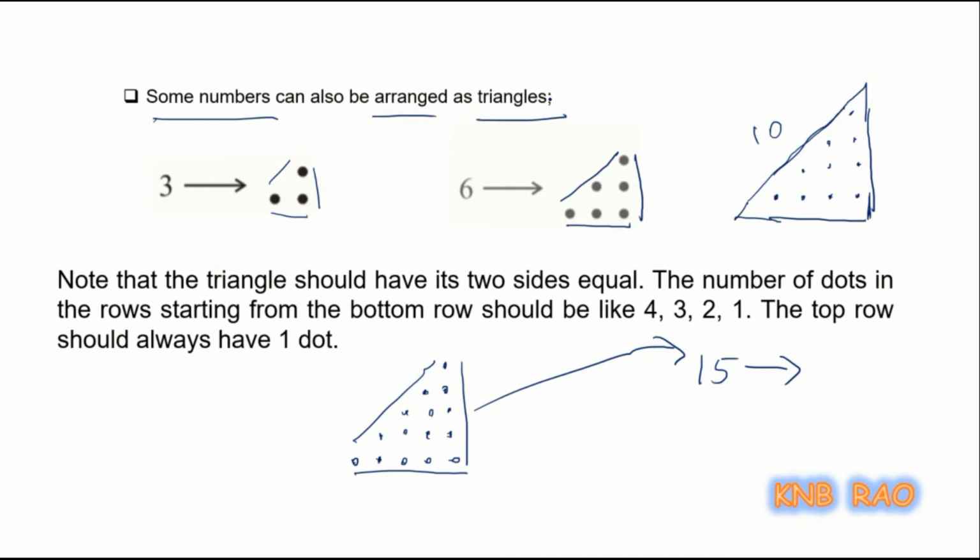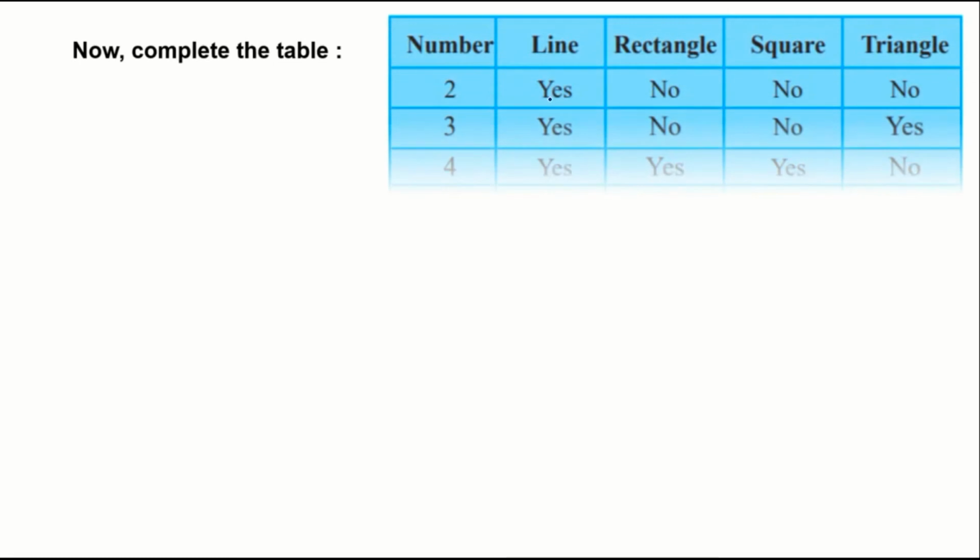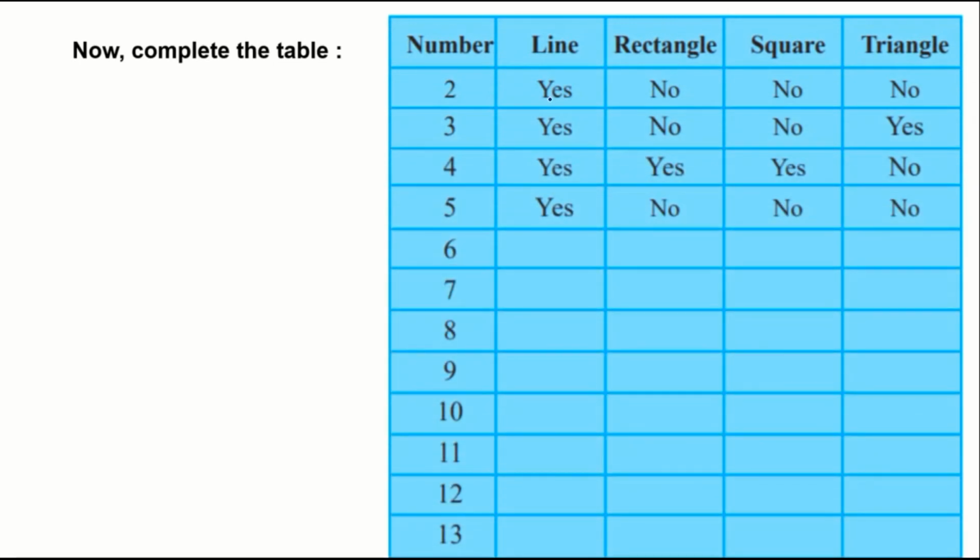Now we shall take a summary of this by drawing a table. A table containing which numbers can be formed as the shape of a line, a rectangle, a square, or a triangle. Here 2, it can be done as a line.